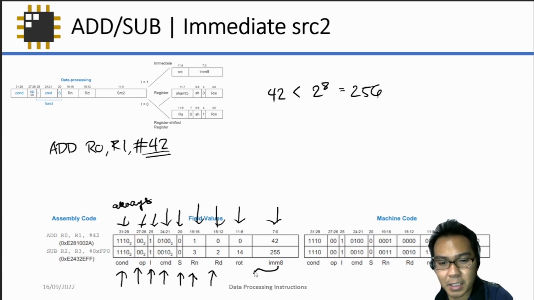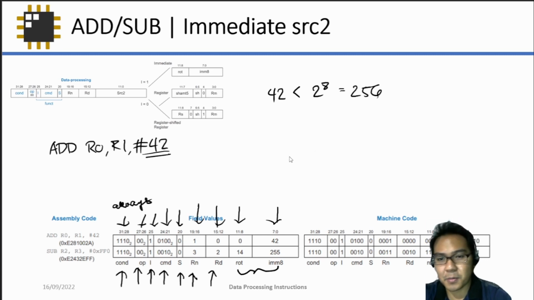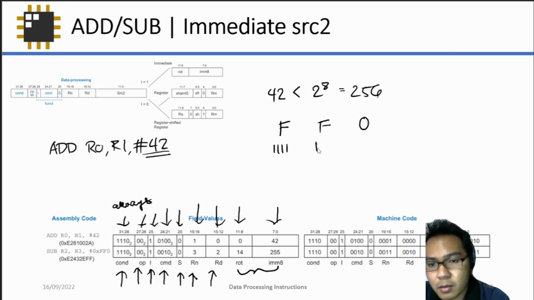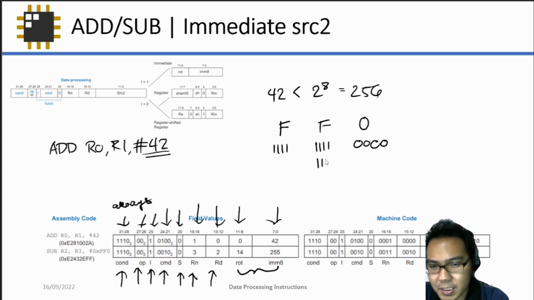Now you have the immediate and rotation. How did we get this from 0xFF0? Okay, so let's try to write down 0xFF0. FF0 would be this number. If you look at what is the largest number under 256, that's actually this number.